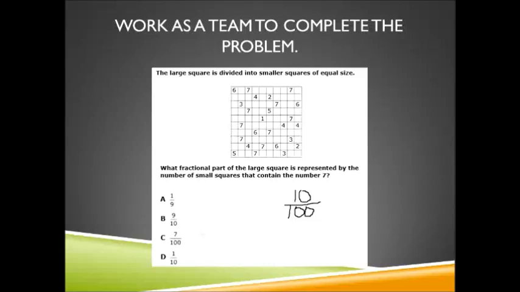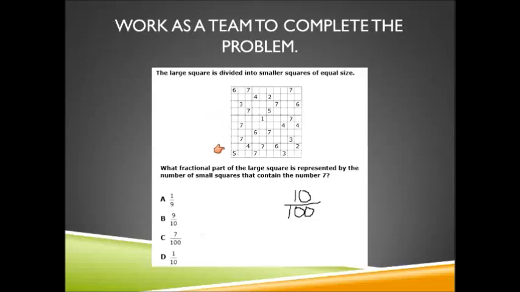Okay, and I am hearing some of you thinking that your answer is C, 7/100ths, and some are saying D, 1/10. So let's think about that. I do agree with Donovan when he was saying that he counted how many squares were in all.